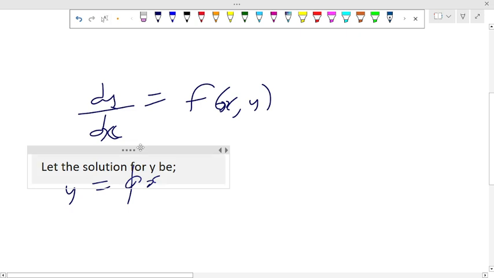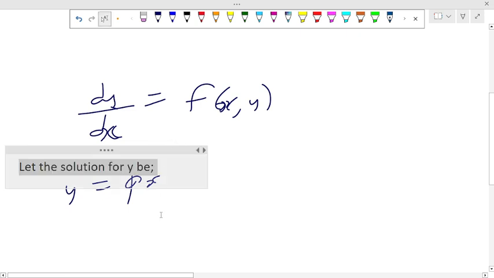We are taking this as a solution for y. We don't know the solution, but of course we'll have a solution, and y will equal something, so let that something be this something.